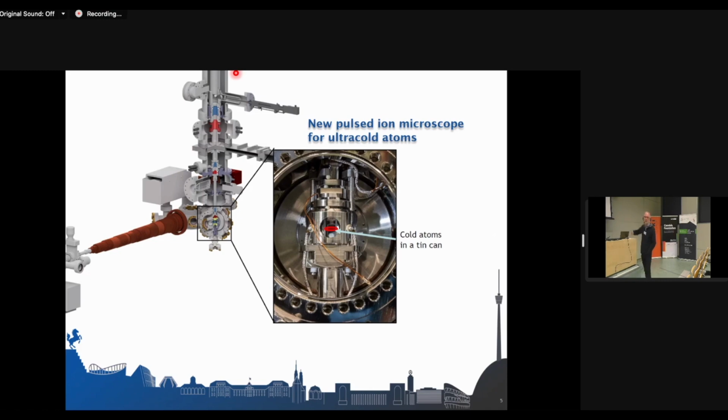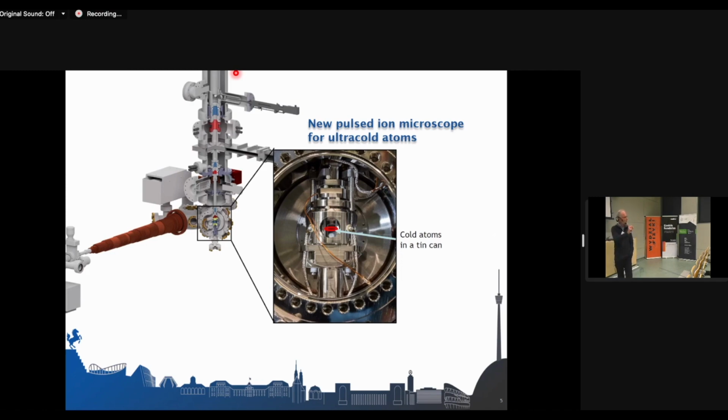Although we try to shield the whole volume as well as we can from stray fields, of course, there are finite stray fields. And in previous experiments that some of you know, we have always used Rydberg spectroscopy, measuring Stark maps at very high n, to compensate the electric field as well as we can.